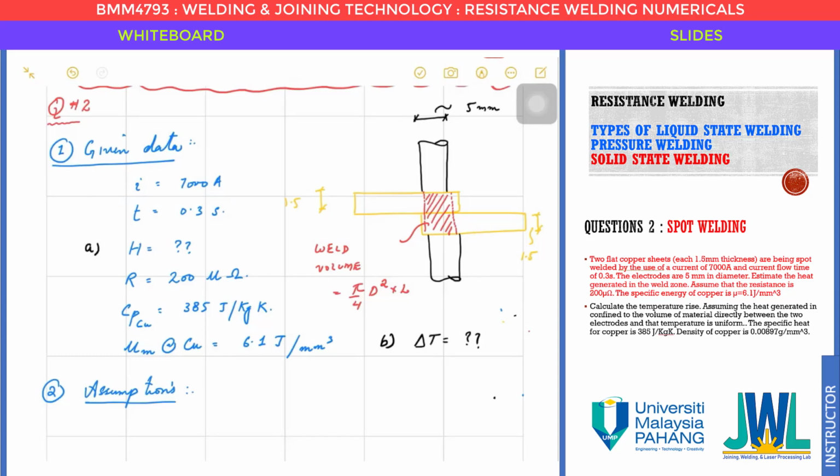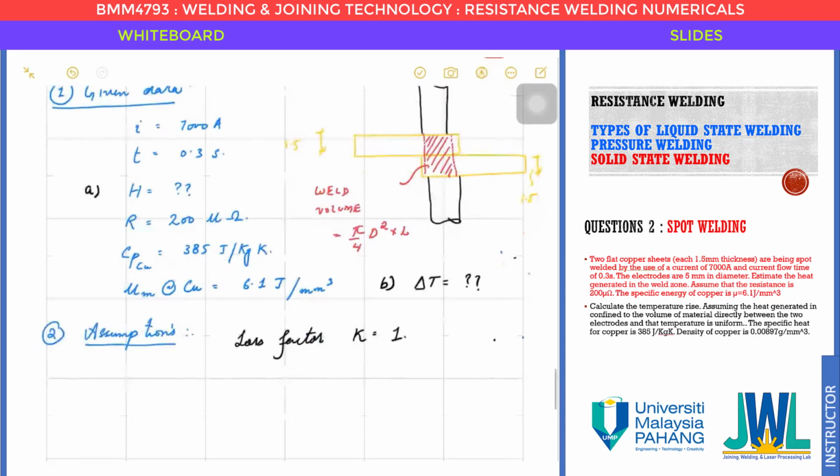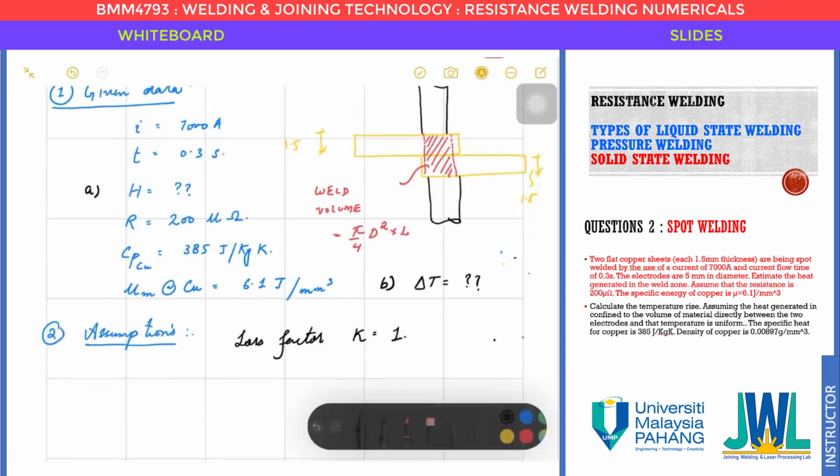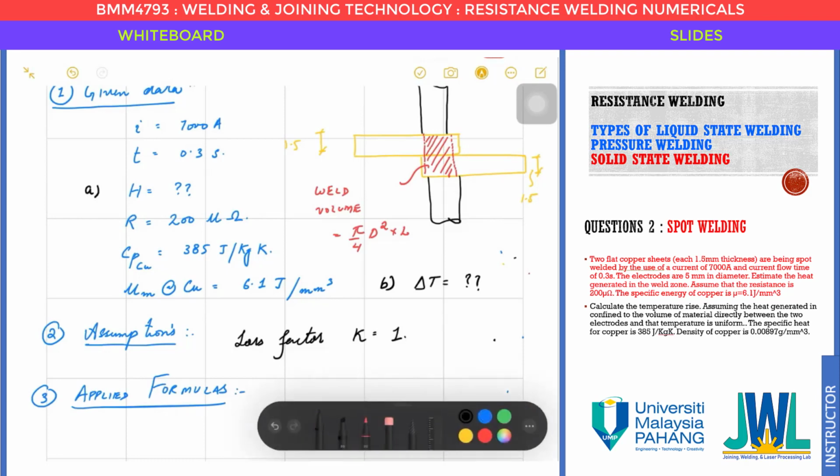Okay. So what is the assumption? Assumption is that loss factor K is equal to 1. Then we will move on to applied formulas. What are the applied formulas?